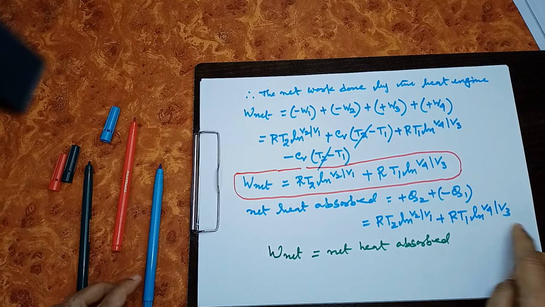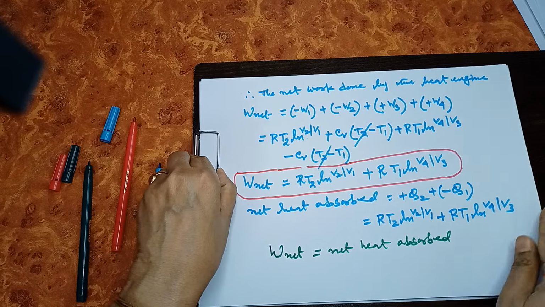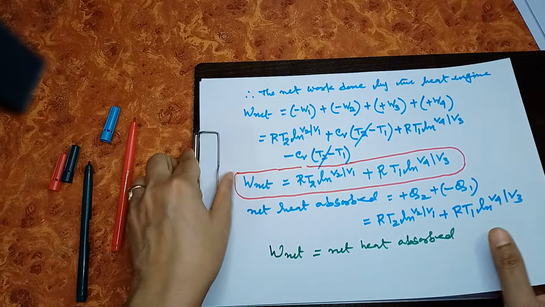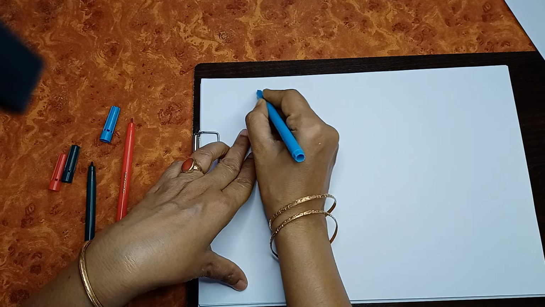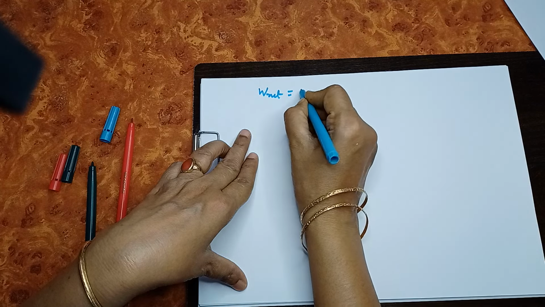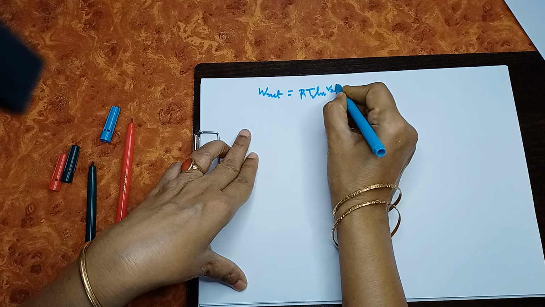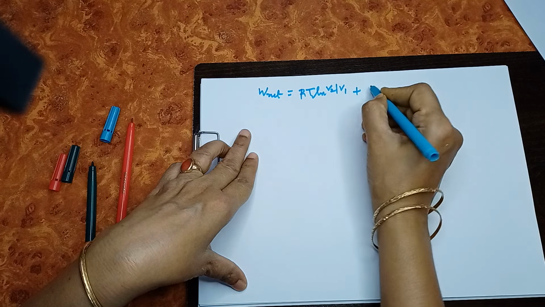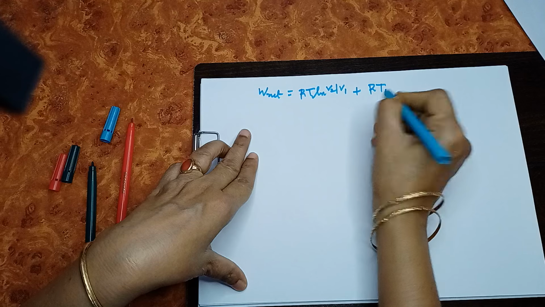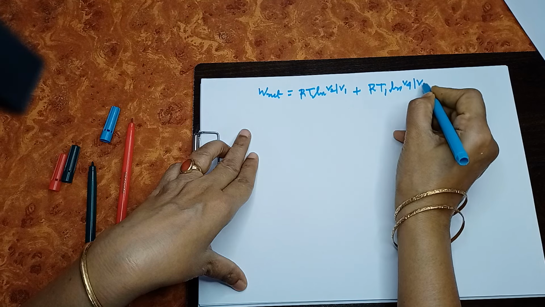This V4 and V3 we will take in terms of V2 and V1, right? So, once again, we will write this equation, that is W net is equal to RT2 ln V2 by V1 plus RT1 ln V4 by V3.